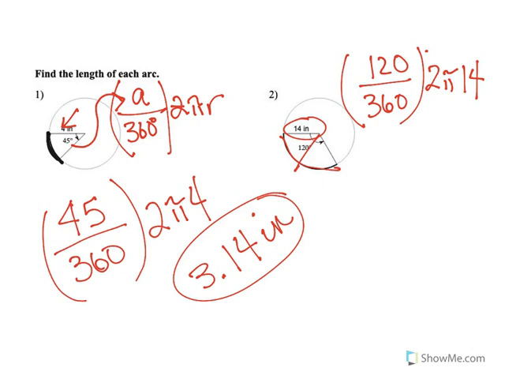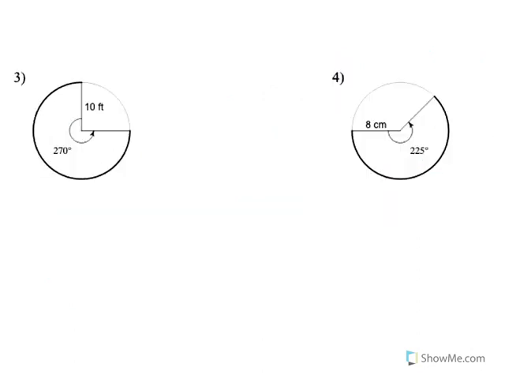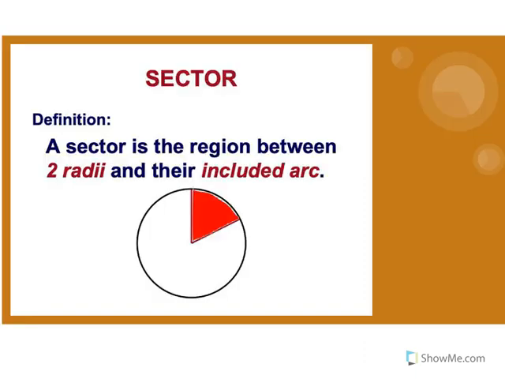And if you're in class, I can show you where that pi is if you're still losing it. 29.3, still inches. That's our answer. Good job. Now, these are the exact same thing. We just have bigger degrees to put in. I'm not going to do these with you. We're going to move on to sector.